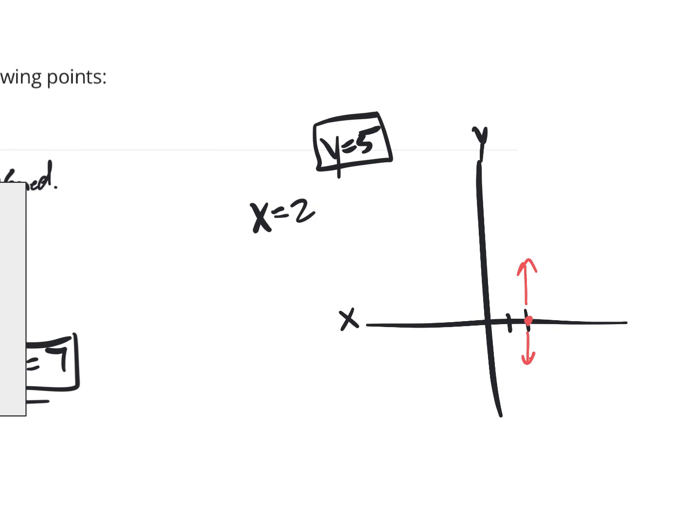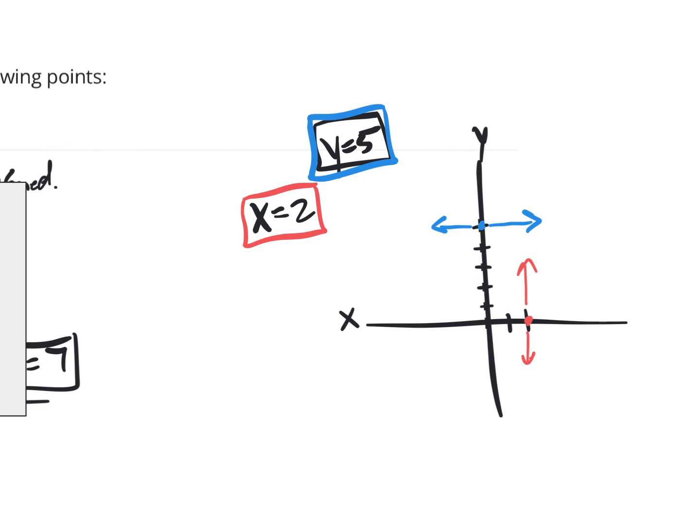You go to the y-axis, you go to 5, 1, 2, 3, 4, 5, you put a dot right there, and then that is a horizontal line, okay? It's that simple. X equals a number will give you a vertical line.